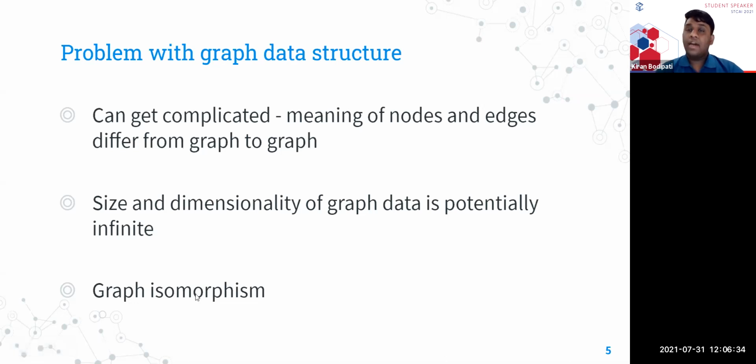Third, the same graph can be represented in many different ways. This problem is generally known as the graph isomorphism problem that we commonly study. All these problems together make it hard for heuristic algorithms to deal with graph data.